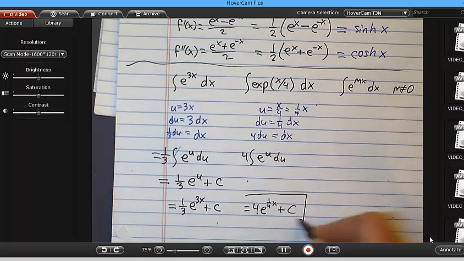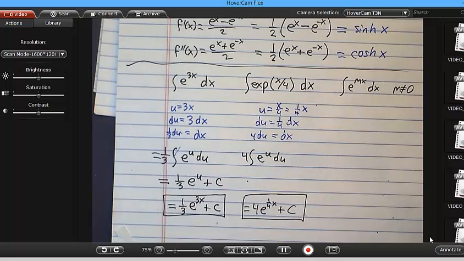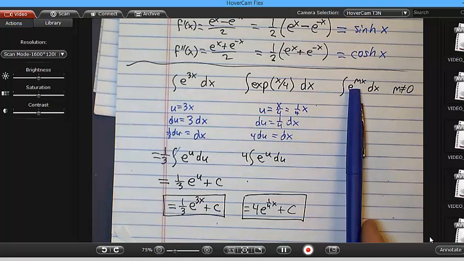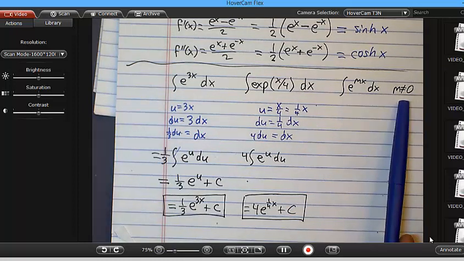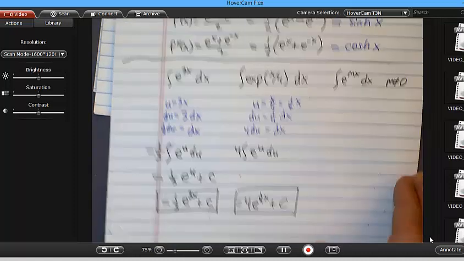You guys getting this? How many people got that second one? Do you guys have any questions? Got it? Okay. And the third one here, I just said, hey, put any number up here you want, m. I don't care, as long as it's not 0. If it's 0, then you're just integrating 1. That's boring. But what's the answer going to be?